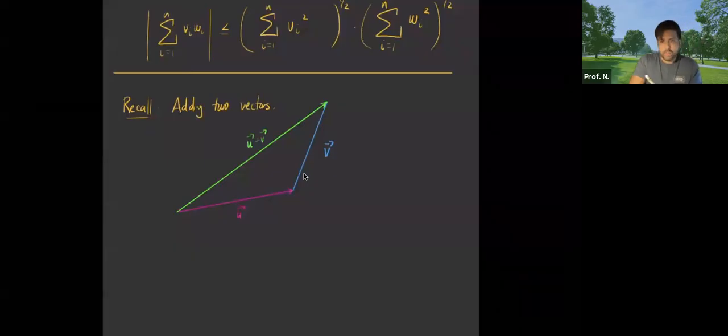So when you add two vectors, this is what I get. I get a triangle. Now, does anybody remember what the triangle inequality states? Remember the triangle inequality? This is a property that every triangle must hold in order for it to be a triangle.